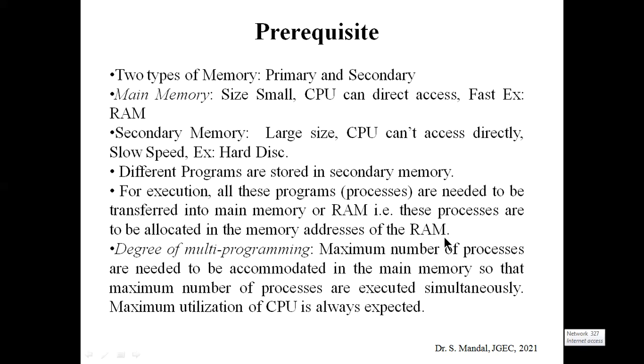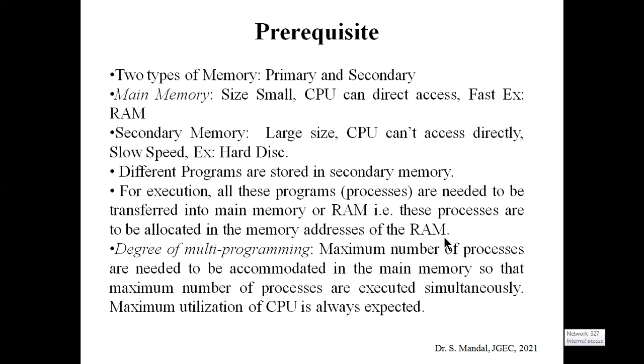Suppose we have a 2 GB RAM. What do we mean by 2 GB RAM? That means there are 2 GB of memory addresses available to us where the program can be allocated or loaded. All processes should be loaded into the main memory for execution. That is the main concept, and it should be kept in mind.